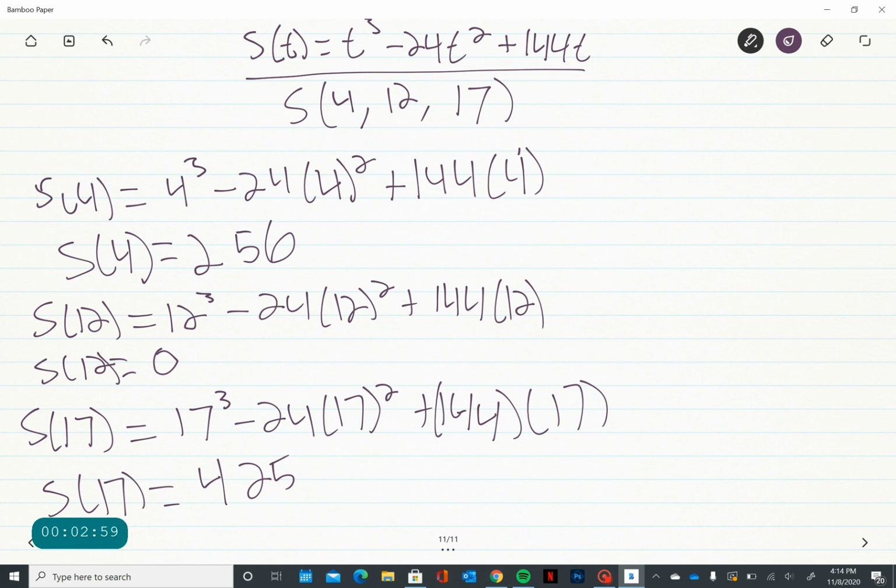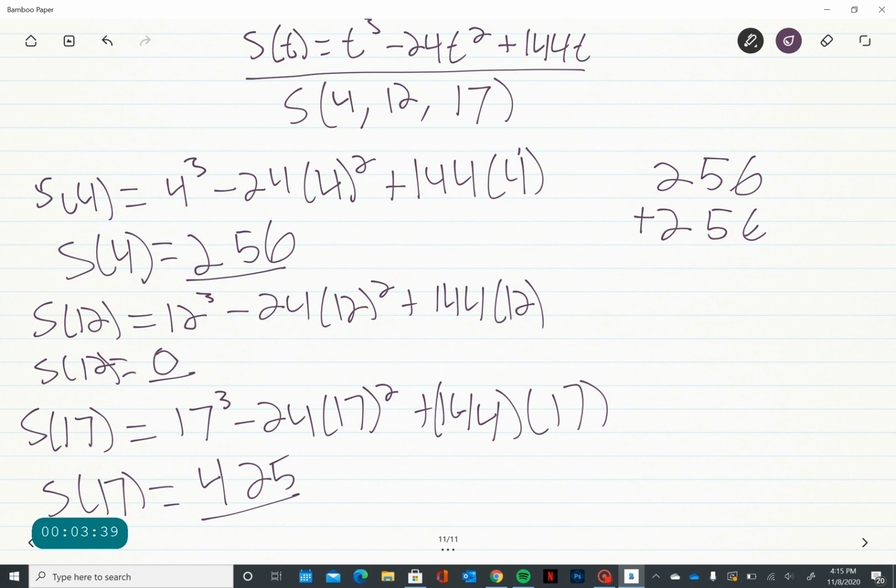So now we know the positions at each of the stopping points, which means that this is a max, this is a min, and then this is a max again. So we know the particle moves from 0 to 256. And then it goes from 256 back to 0. So we would actually add another 256 because it moves a total of 256 in the negative direction to get back to 0.